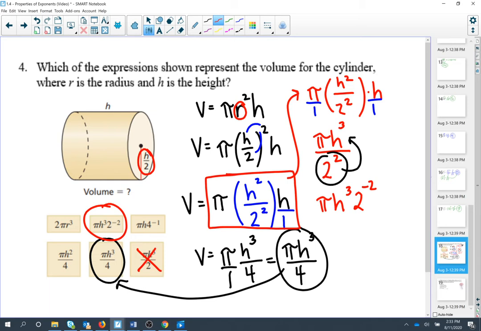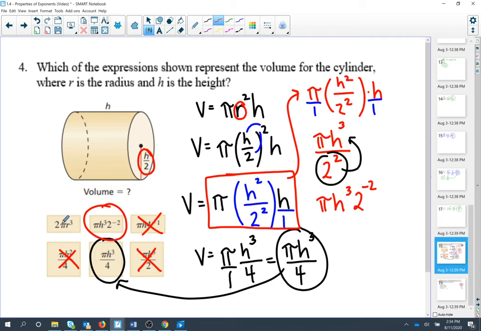Then I'm going to look at this guy and kind of the same thing. We're dealing with an h cubed. We know that that's right. H squared doesn't seem right to me, so I really don't think it's that, which means I also really don't think it's this, because if this is a 4 in the denominator and I bring it up to the top, it would be 4 to the negative 1, but what happened to my h cubed?